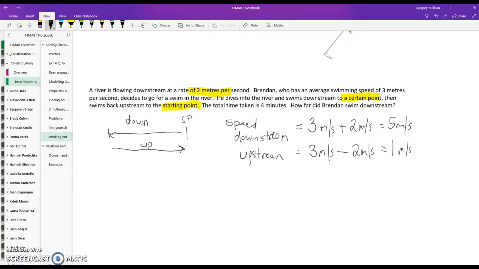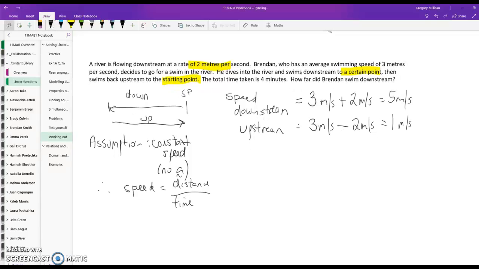Now, what we're going to assume, so the assumption, is that he swims at a constant speed. So there is no acceleration. Therefore, the formula that we're going to use is speed equals distance over time.